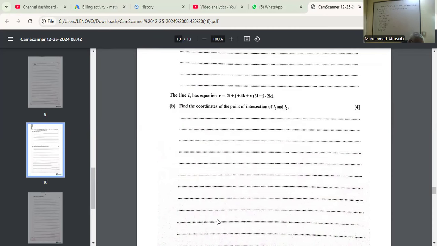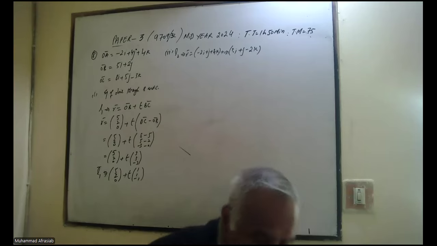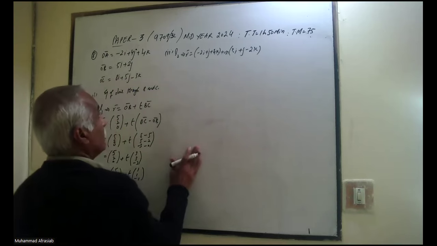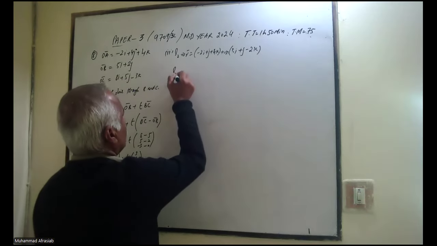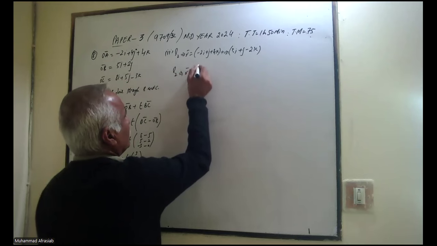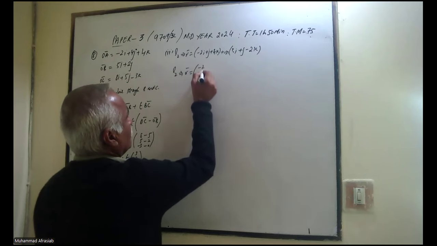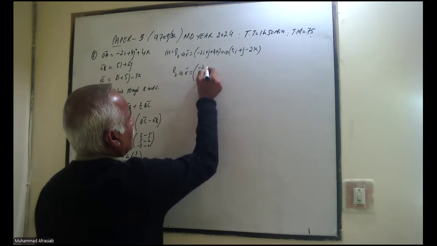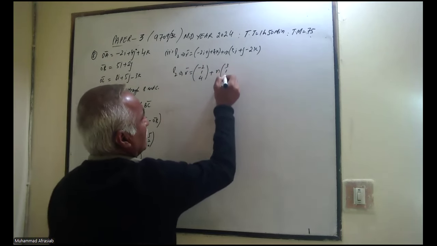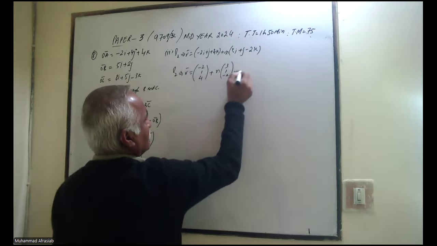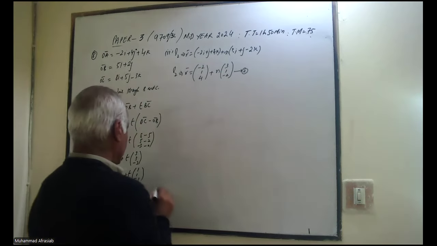Find the coordinates of the point of intersection of the lines L1 and L2. Since we are finding the point of intersection of L1 and L2, L2 is represented by r equal to (minus 2, 1, 4) plus n times (3, 1, minus 2). Let's say that is equation number 2.